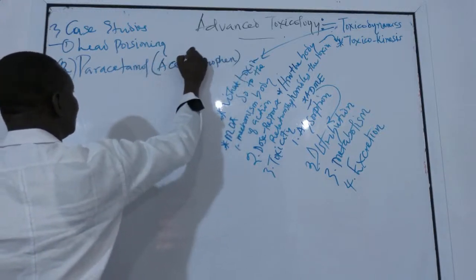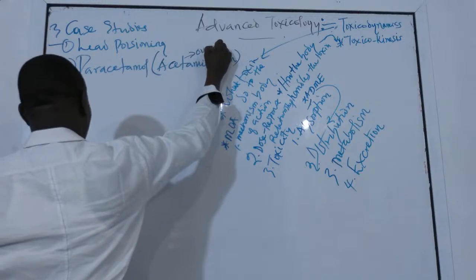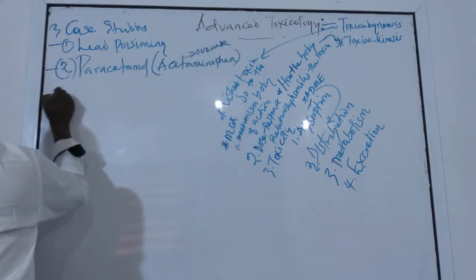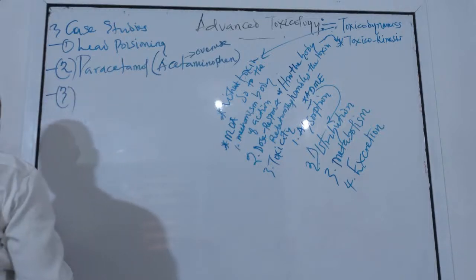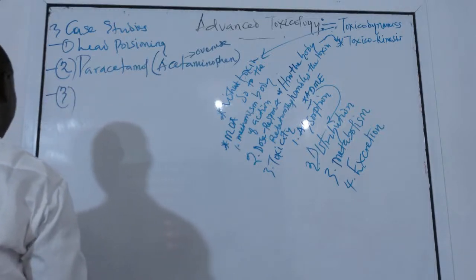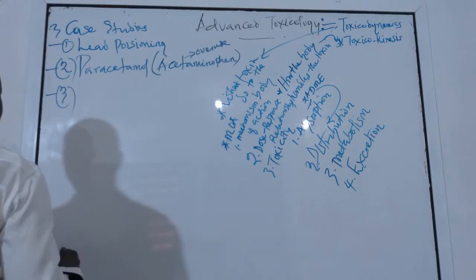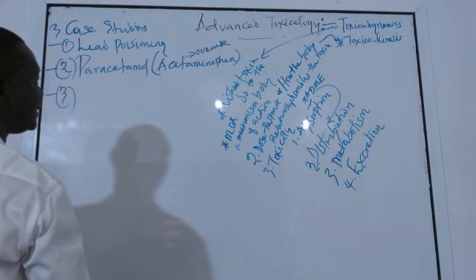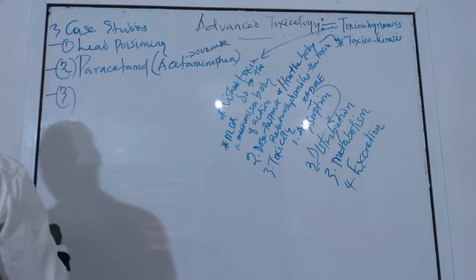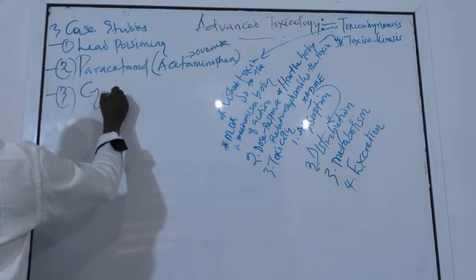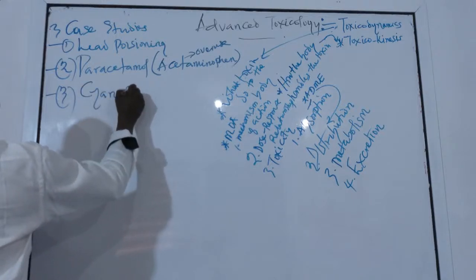So we are going to look at the overuse or overdose of paracetamol. Then the third one, we are going to look at cyanide poisoning, people that are exposed to cyanide. We will look at the toxicokinetics and the toxicodynamics.